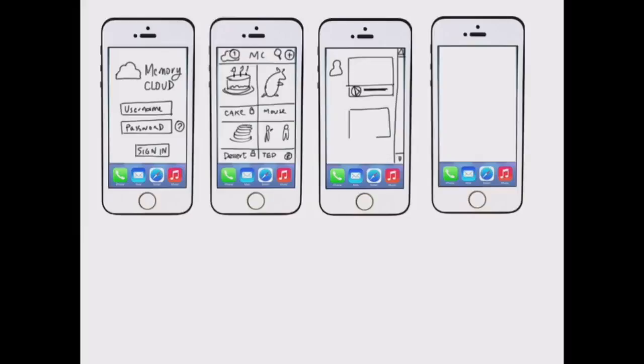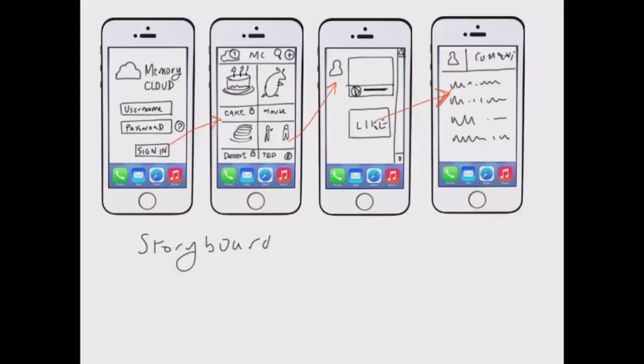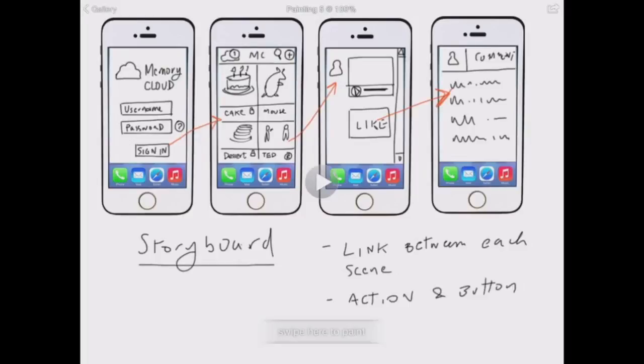There is a scrolling bar on the right side, and a like button, and when you press the like button you can see the comments of the people. So this is an example of how you create the scenes and link them together, and you use arrows to draw from one button to another scene. So the storyboard here is the link between the button and the scene and the action of the button.